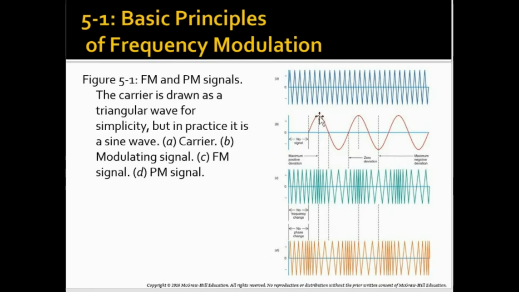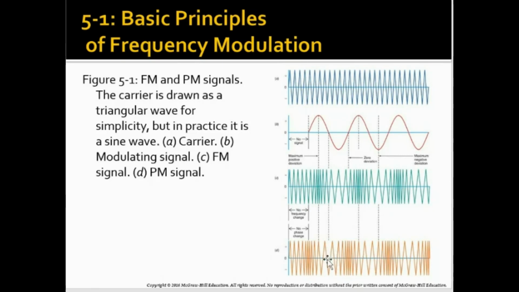Then when it goes down towards the negative part, there is a change in the amplitude, and you can see your carrier also changes. Here, it looks like the frequency has been changed. It becomes more dense when it goes towards the peak, and less dense when it goes towards the negative side.